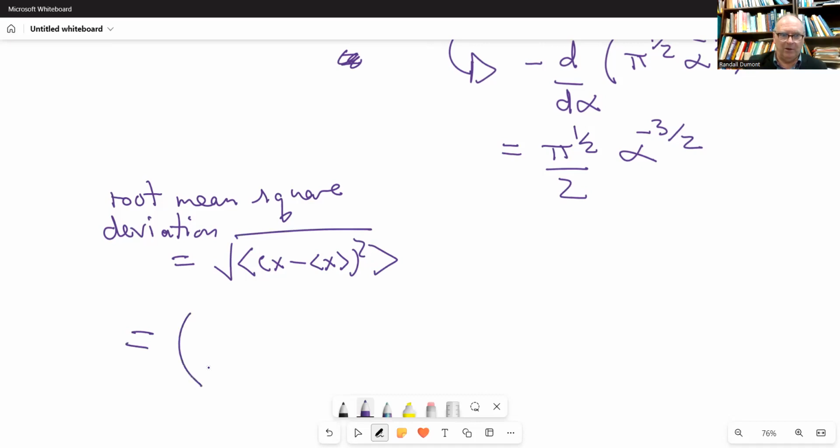So that's, I'll call it, to the 1/2. So we have to do the integral up there to the 1/2.